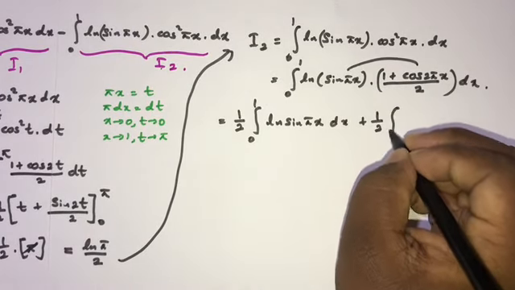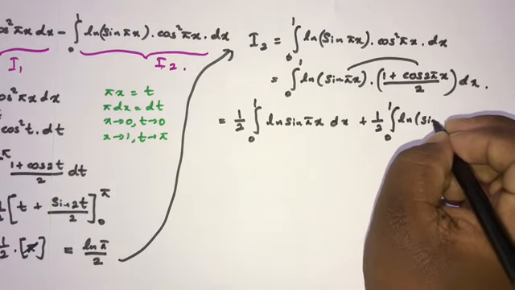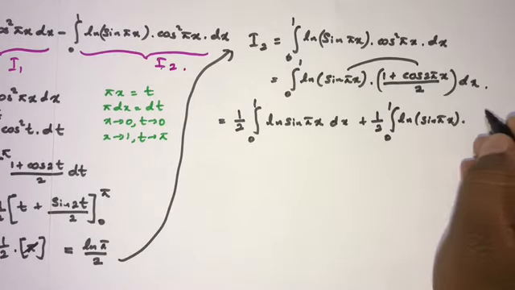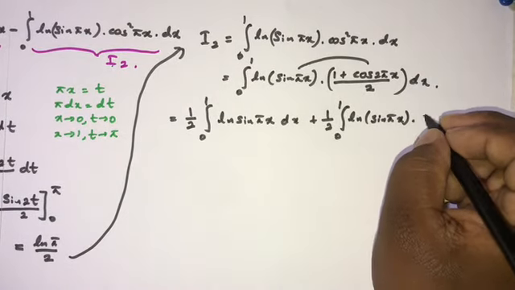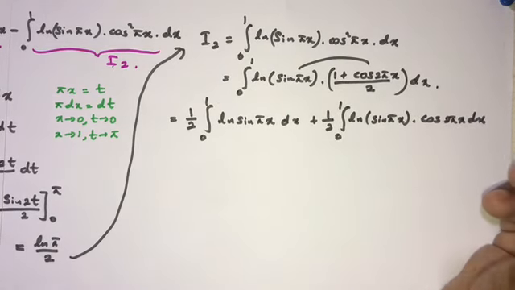1/2 the integral from 0 to 1 of natural log of sine of pi x times cosine of 2 pi x dx.